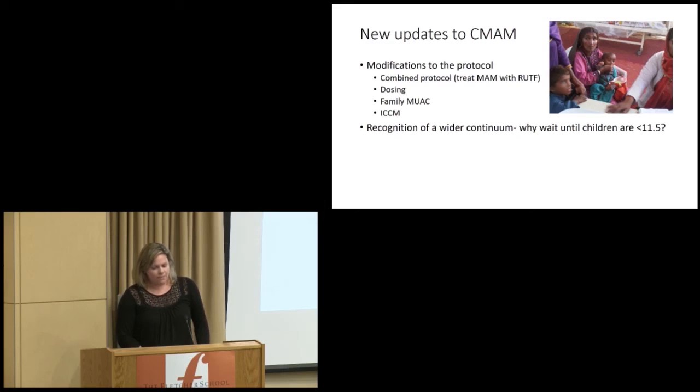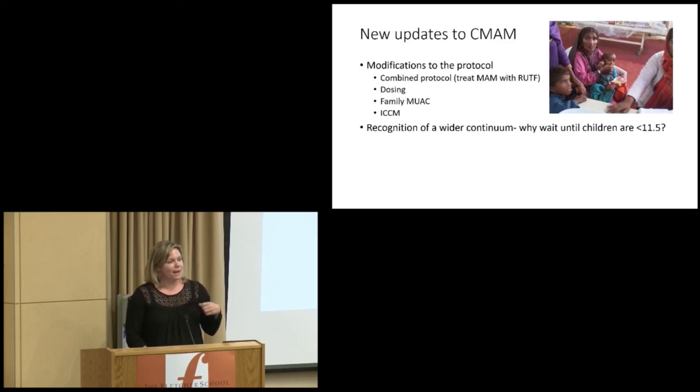Some of the modifications that I think are interesting in the context of trying to identify pockets of famine in particular are combining a treatment protocol, so treating children earlier on this continuum of malnutrition, and playing around a little bit with dosing, so not needing as much RUTF, for example, at the end of treatment, maybe giving children more at the beginning. There's been a pretty widely accepted use now of not always needing community health workers to go door to door to screen children.